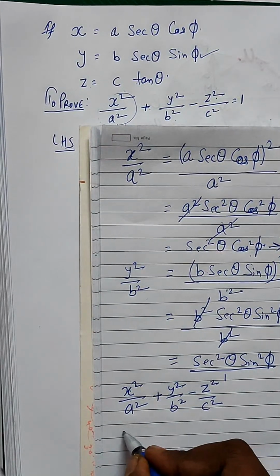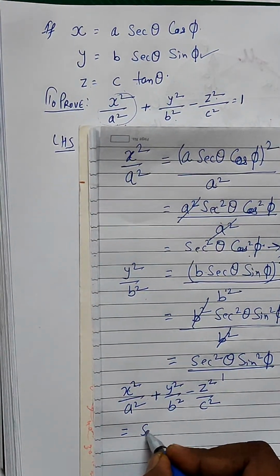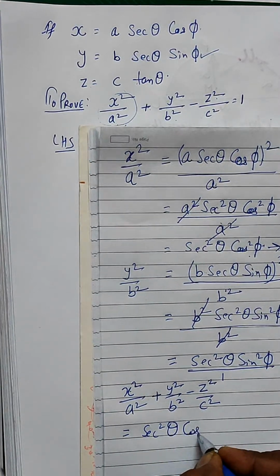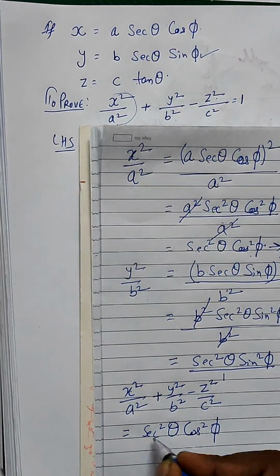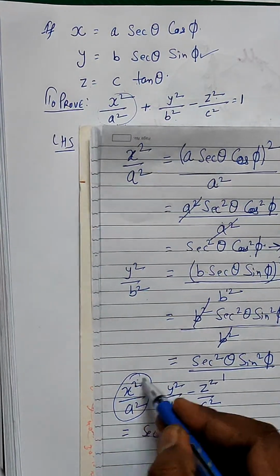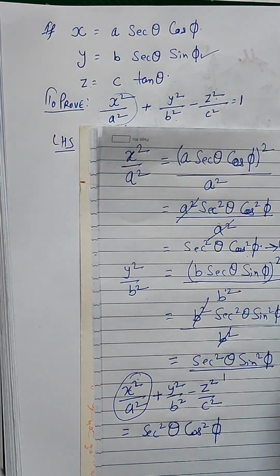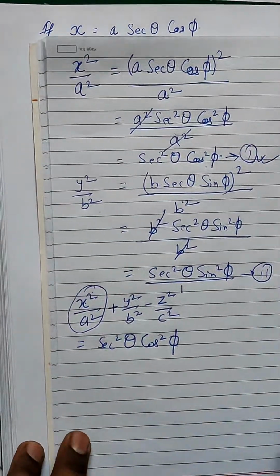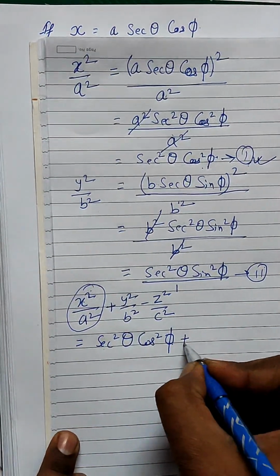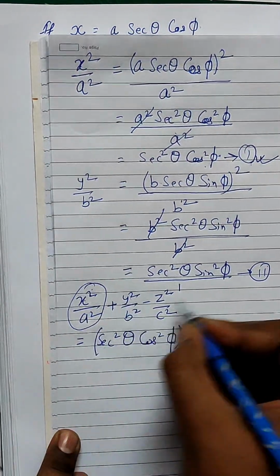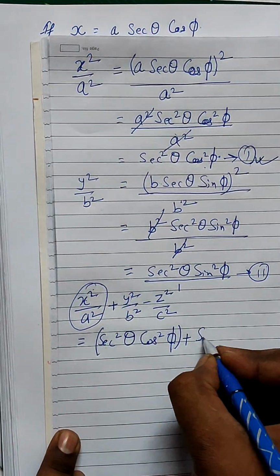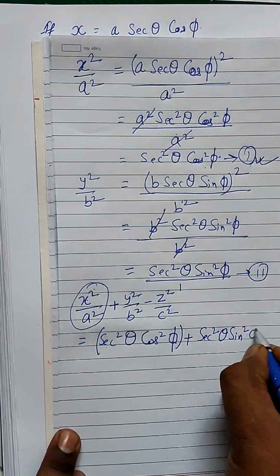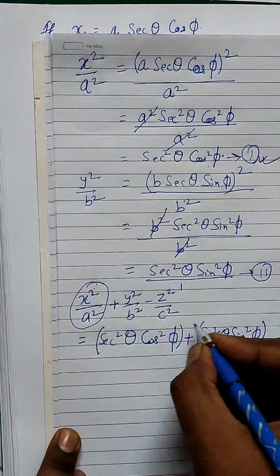So this can be written as sec square theta cos square phi, because the value of this is derived from equation number 1. So just put in this value. This is the first term, and the second term is taken from equation number 2, that is sec square theta sin square phi.